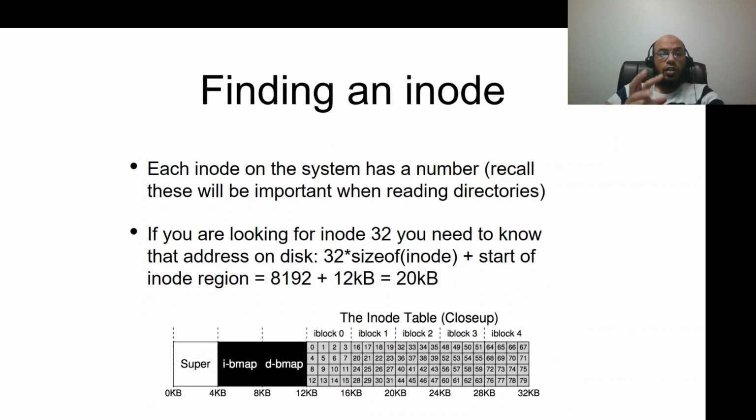Then when you want to find an inode, each inode in the system has a number, as we said, and this is how you identify where a file is. So if you're looking for inode 32, you need to know that the address on disk is 32 multiplied by the size of an inode plus the start of the inode region.